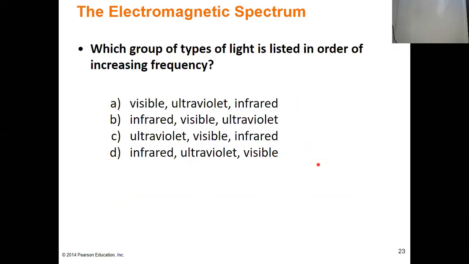So take a minute and try to do this. Which group of types of light is listed in order of increasing frequency? Increasing frequency means the smallest frequency to the largest frequency.